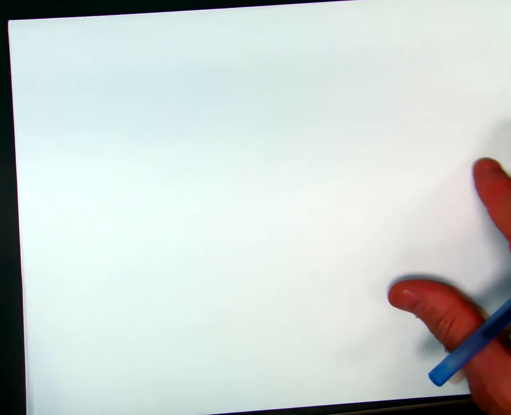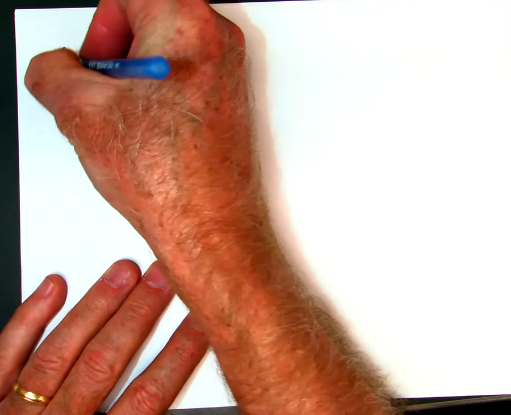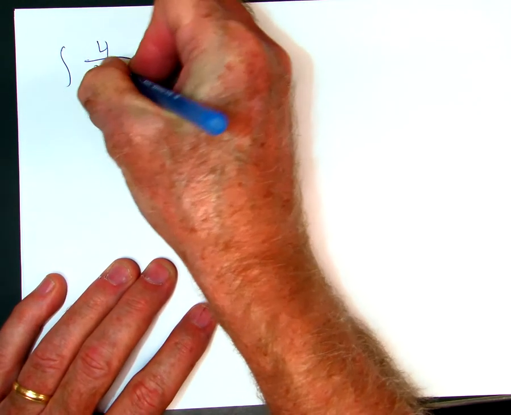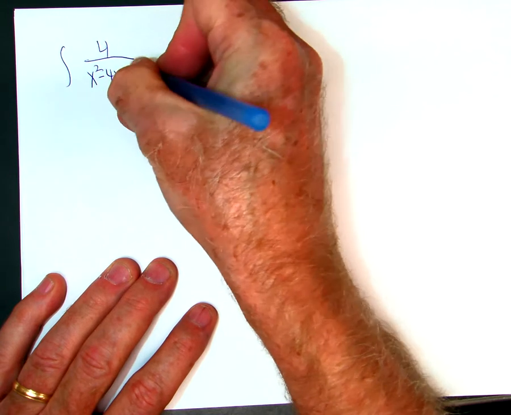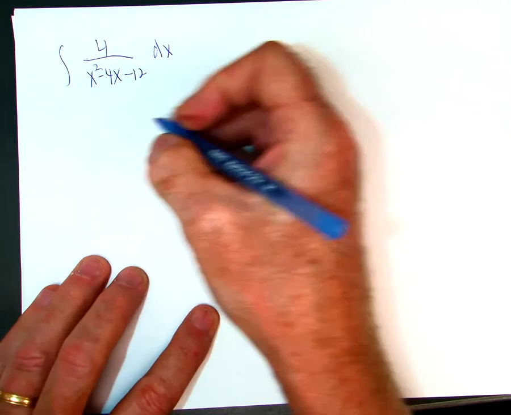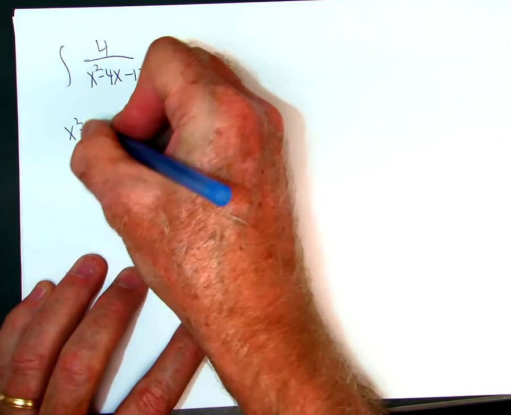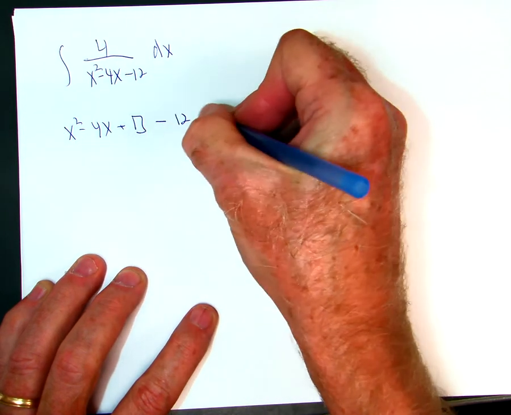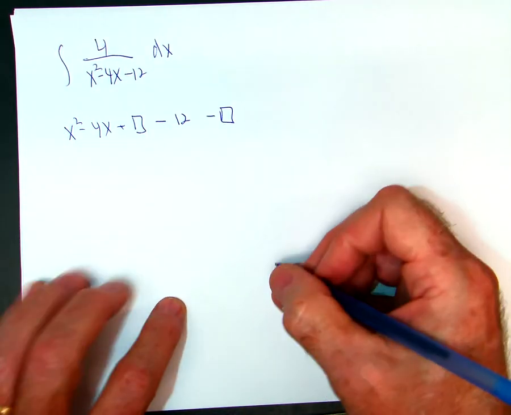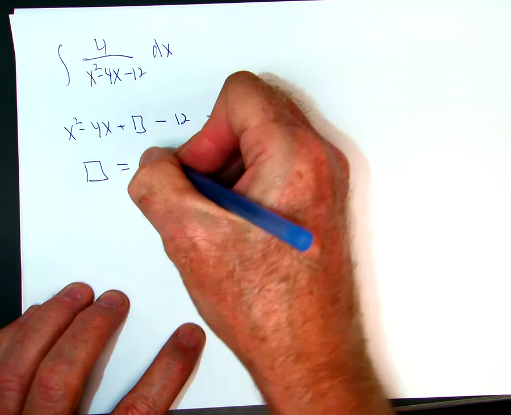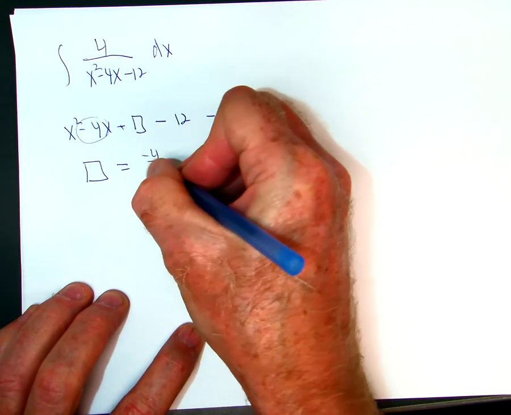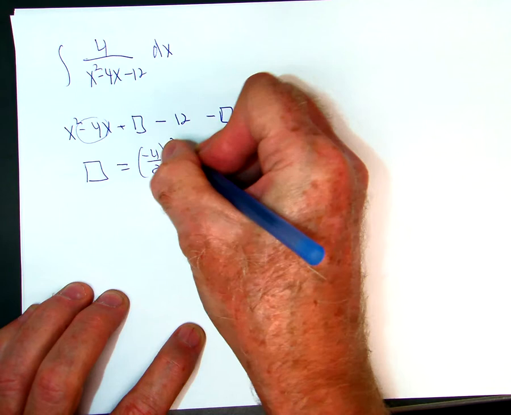Now I'm going to do the same problem seeing if I can do it by completing the square using an arctan integral. So we'll see what happens here. So to complete the square, what box is equal to this number over 2, quantity squared.